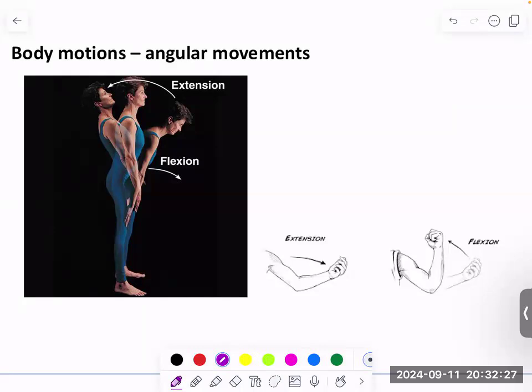You're going to have to use them to describe what's happening in your patient. Because you're going to have a patient say, it hurts when I do this. That's all I'm going to tell you. And you're going to have to use the right terminology. It hurts when they flex their arm. That's why these are angular movements. It's all about, is the angle getting bigger or smaller?